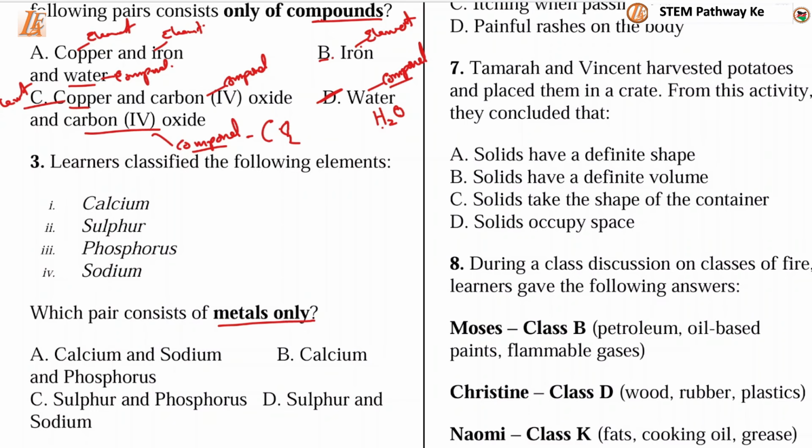And if the electron arrangement of the element, the outermost energy level consists of 1 to 3 electrons, this one will be a metal.